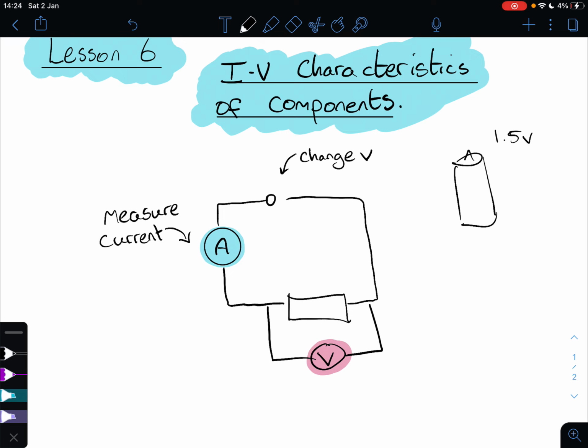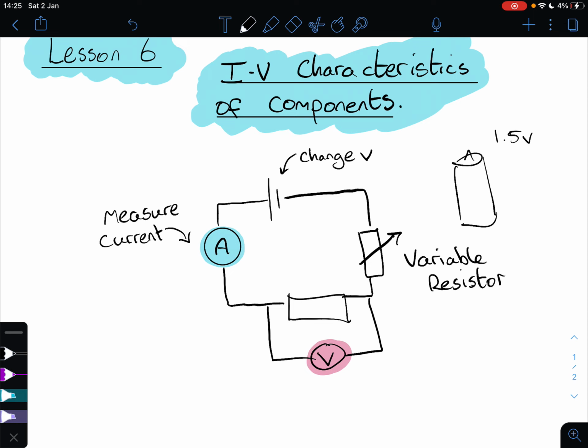But if we were stuck with a cell, then we could add one extra component. And this is what you'll see in your revision guide. It's a resistor that can change the voltage because it's a variable resistor. So I'm just going to add that in, even though in real life we don't use them. So copy this in, variable resistor.